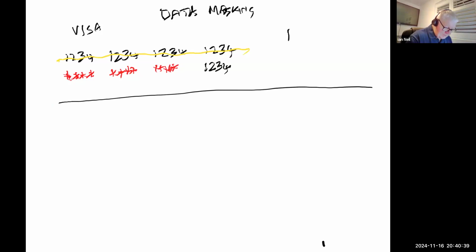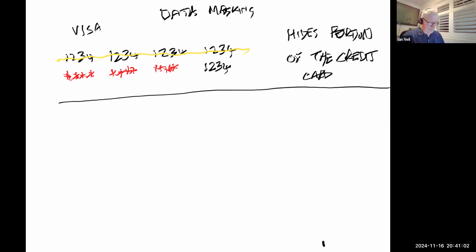It hides a portion of the credit card. I think in my book, I mask everything apart from the last 3 digits. But you're hiding some of the data inside the credit card.